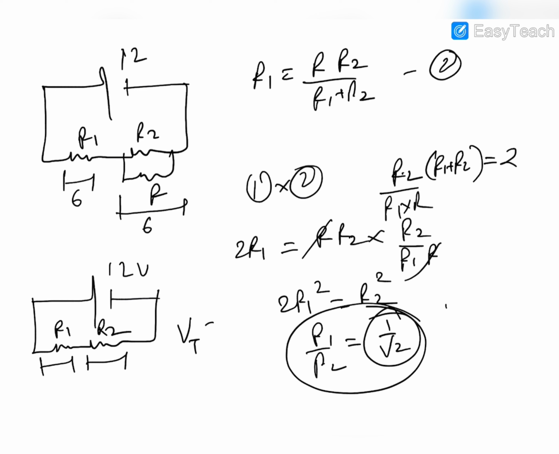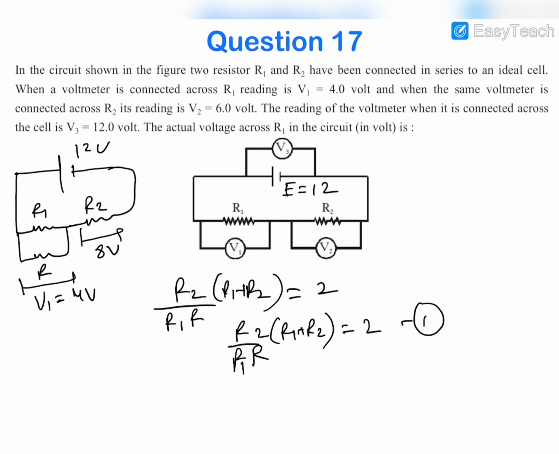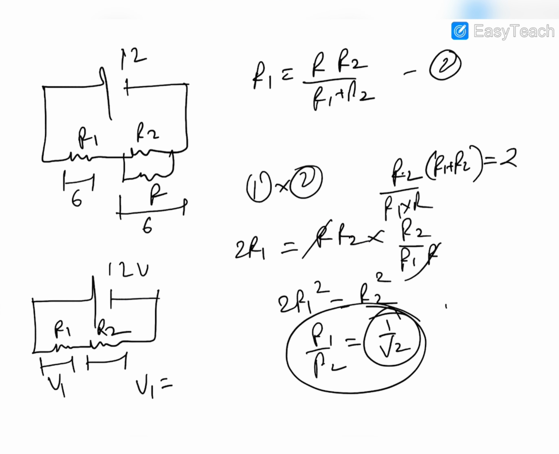We have to find the original voltage across R1, so V1 will be equal to R1 upon R1 plus R2. So it is 12 into 1 upon 1 plus root 2.